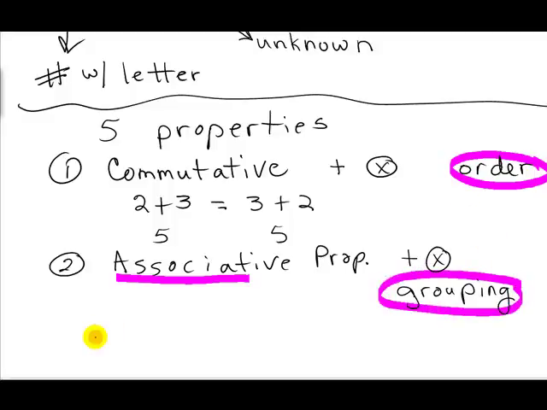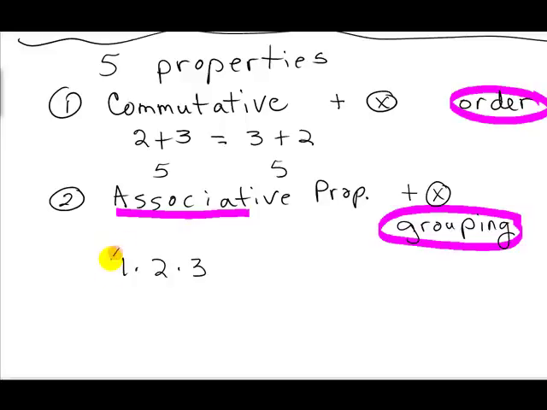The numbers will be in the same order, 1 times 2 times 3, and we group the first 2 to make the multiplication easier. So 1 times 2 is 2 times 3, we would get 6. If we use the same numbers in the same order and we regroup a different way, 1 times 2 times 3 is 6, we still get the same answer. We're multiplying the same numbers. We're just grouping them in a different way.